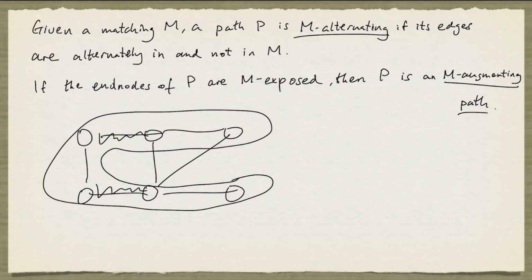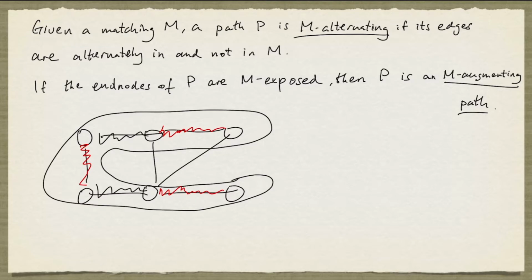The reason why it is called an M augmenting path is because we can use this path to obtain a larger matching. And the way to obtain a larger matching is to simply flip the edges. So we take the edges in the path that are not in M and throw them in the matching and take away the original matching edges. So here you can see the result.